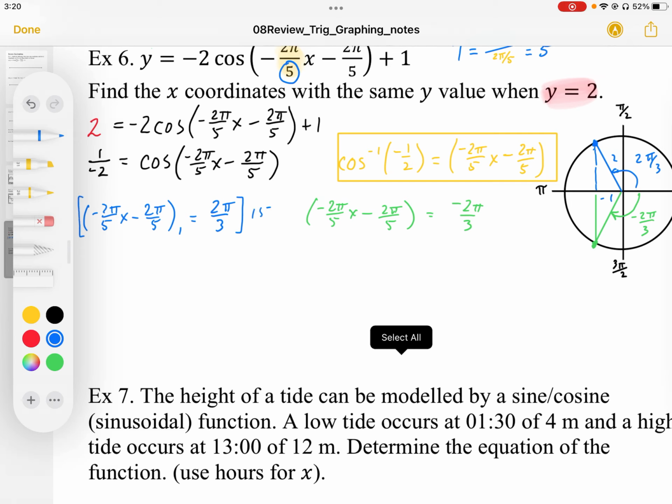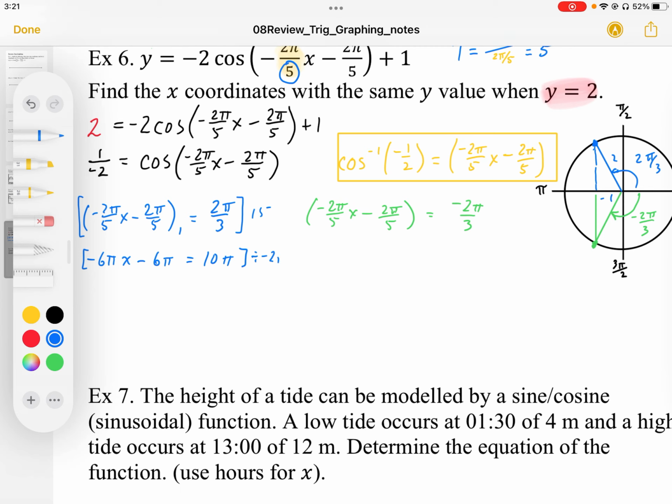I end up with -6 pi x minus 6 pi is equal to 10 pi. I'm going to divide everything by -2 pi to simplify this and get rid of the negative in front of the x.